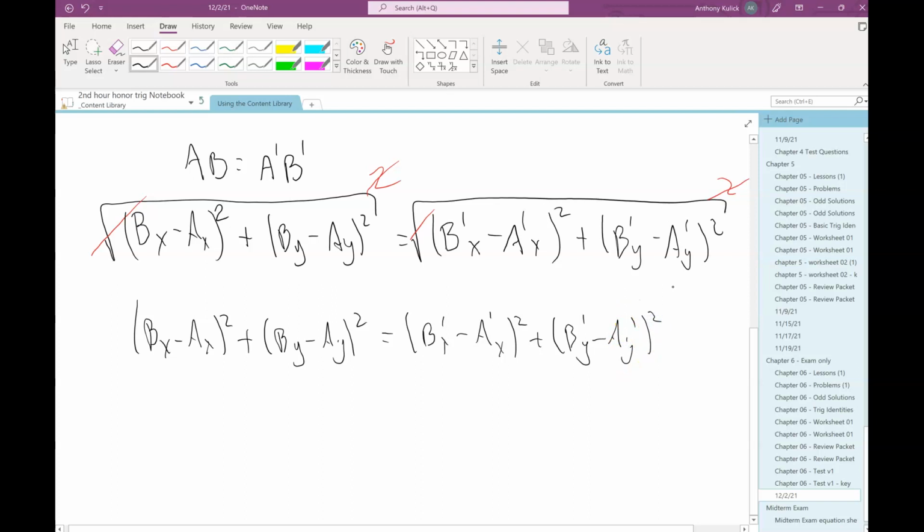And then let's go ahead and substitute the values from our equation.